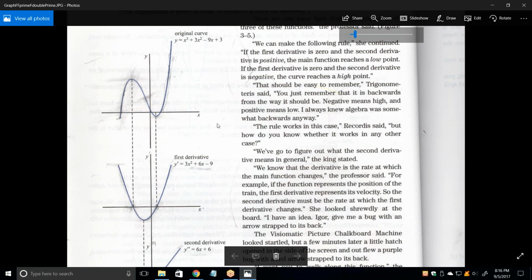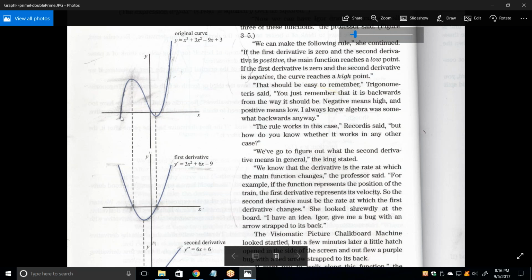Now, one of the more important things you're going to learn, and I might as well start talking about it now because it applies to some of these problems you're doing, is that notice when the original function is increasing from there to there. Can you see my cursor?